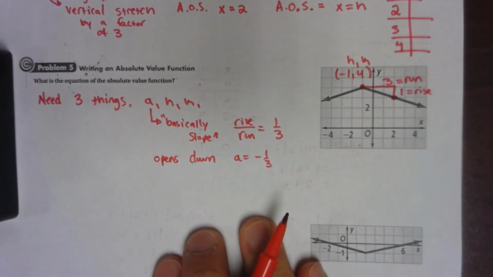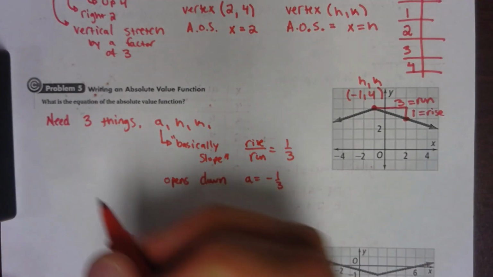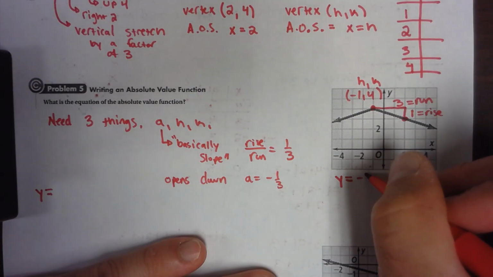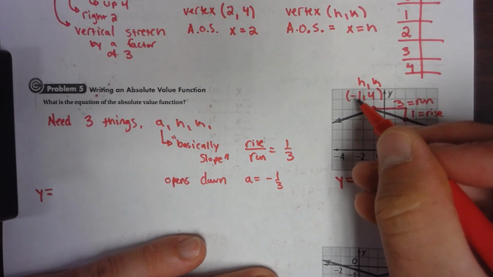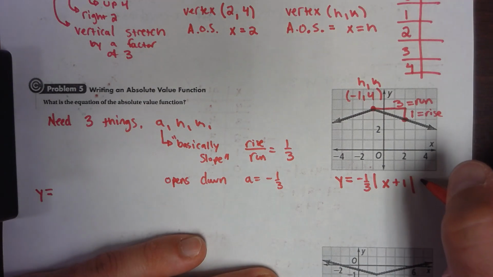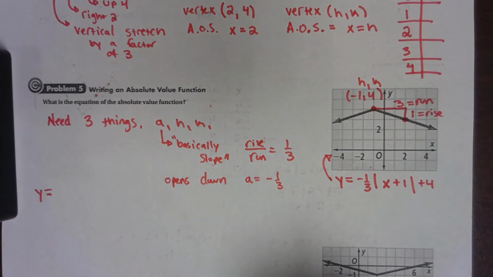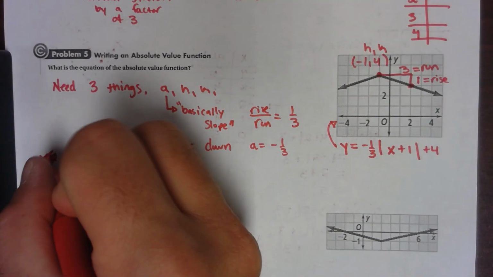And now we just have to plug these values into the general form of our equation. y equals, I'll put it right underneath the graph here, y equals negative 1/3 absolute value of x plus 1, opposite sign from what we see, and then plus 4. And that's it.